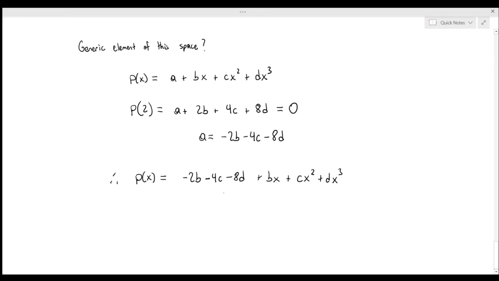So now that I have this form, I'm going to do what we've always done, and I'm going to write it as a linear combination of certain polynomials using these variables b, c, d as the coefficients.